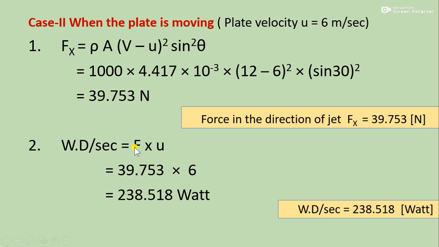Work done per second, that is power, equals Fx into plate velocity. With the calculated value of Fx and plate velocity given, we get work done per second, that is power, as 38.518 watt.